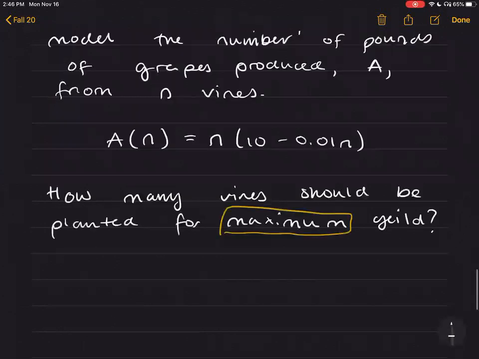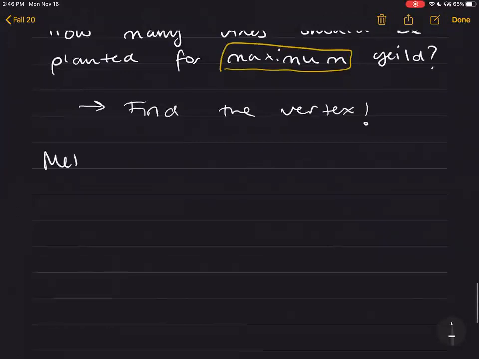Since we're looking for a maximum, we want to find the vertex. Okay, so method one, let's find it using completing the square. It's good practice.